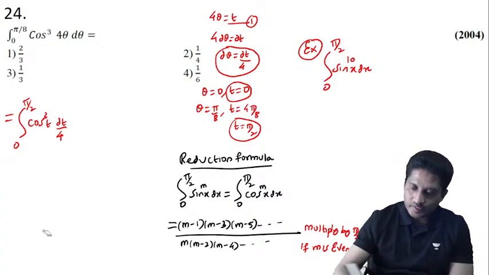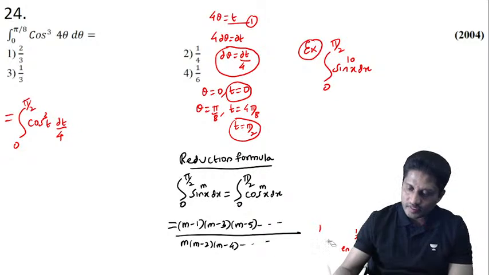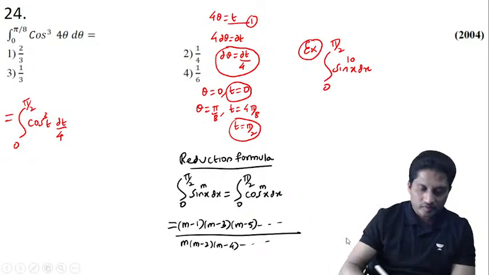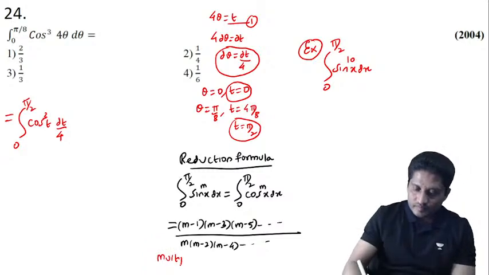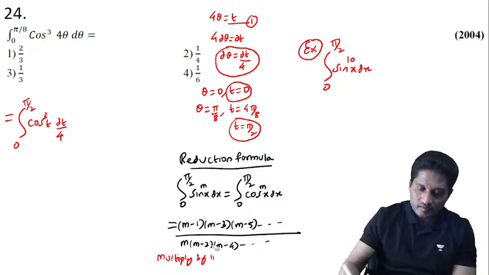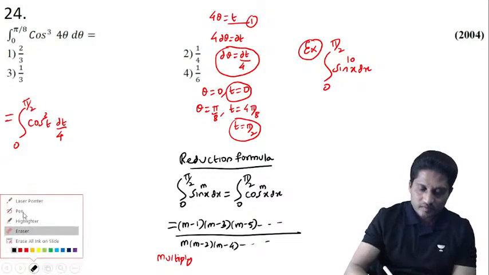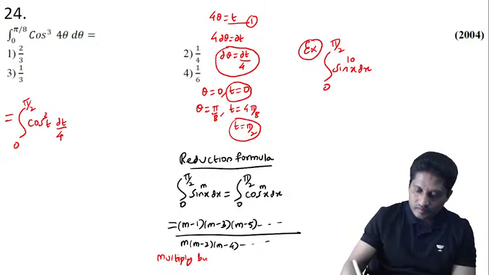If it is not visible, I will write here: multiply by pi by 2 only if m is even.